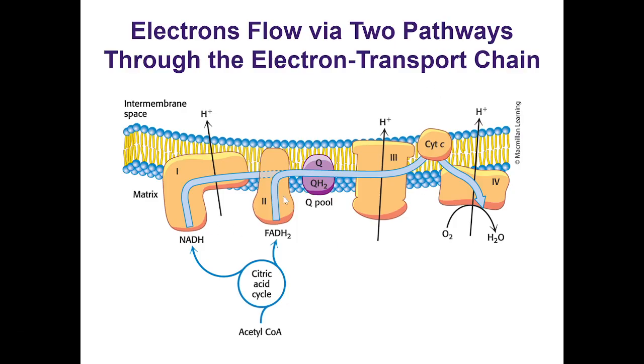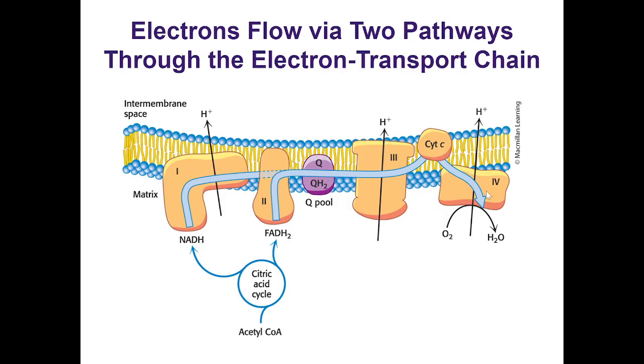So these first 2 complexes, they're going to use your Q pool, and that Q pool is then going to give you the QH2s that would feed into the complex 3. And remember, the complex 3 does that use part of a QH2, recycle part of it to another Q, right? It does that twice. This is going to give you your cytochrome Cs that are right here.